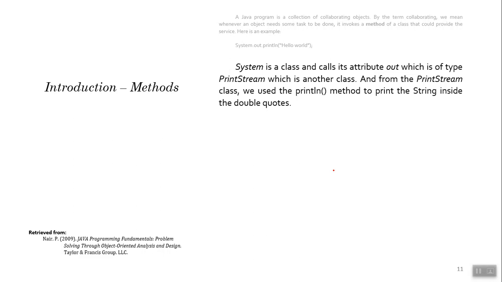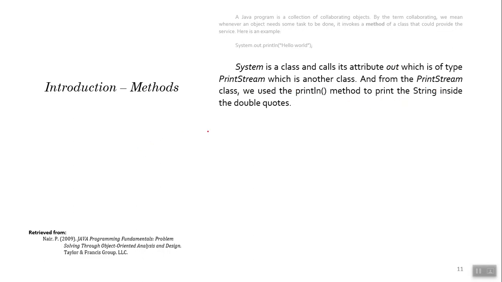System is a class and calls its attribute out, which is of type printstream, which is another class. Okay, so we have here two classes, the system and the printstream. And then out is a variable or attribute from the printstream class. And from the printstream class, we use the println method to print the string inside the double quote.